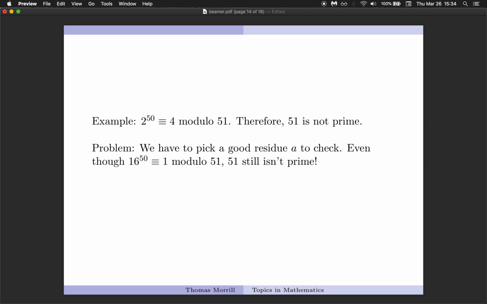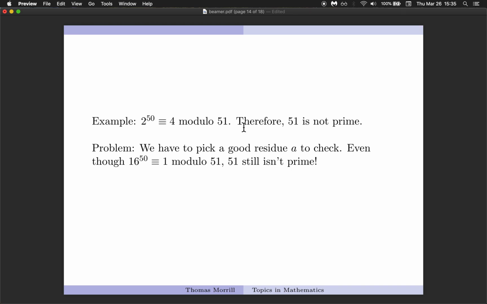So for example, if I didn't do 2 to the power 50, let's say I do 16 to the power 50, then that, I'll tell you, is going to reduce to 1 modulo 51. So it looks like Fermat's equation worked. I mean, this is certainly a congruence. This is a true statement. But 51 still is not a prime number.